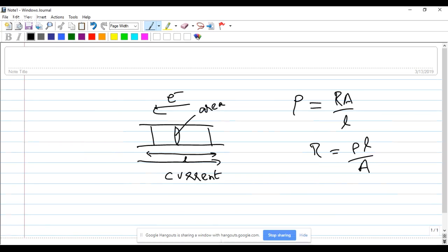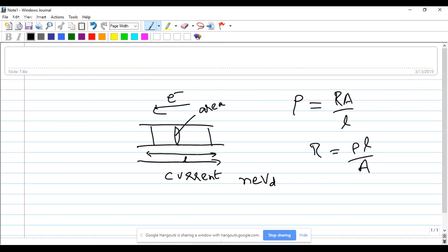And there is a way to derive this. So we consider the number of electrons that are incident. And we say that if these electrons are moving with some velocity, then n times e is nothing but the charge, because n is the number of electrons, e is the charge of an electron, times some velocity. So usually we call this the drift velocity.